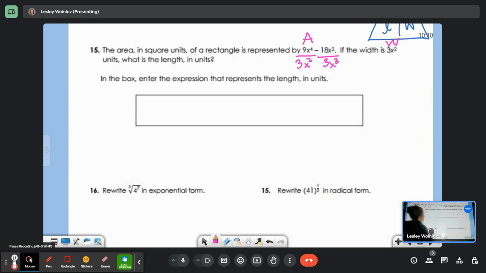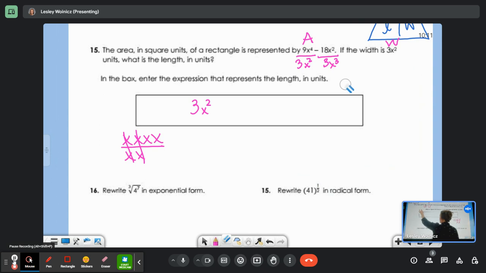Okay, so 9 divided by 3 is 3. Now, I've got x to the 4th divided by x squared. Let's remind ourselves what happens. We've got x times x times x times x, and then I've got x times x on the bottom. Yeah, cancel, cancel, right? So I get 3x squared left.